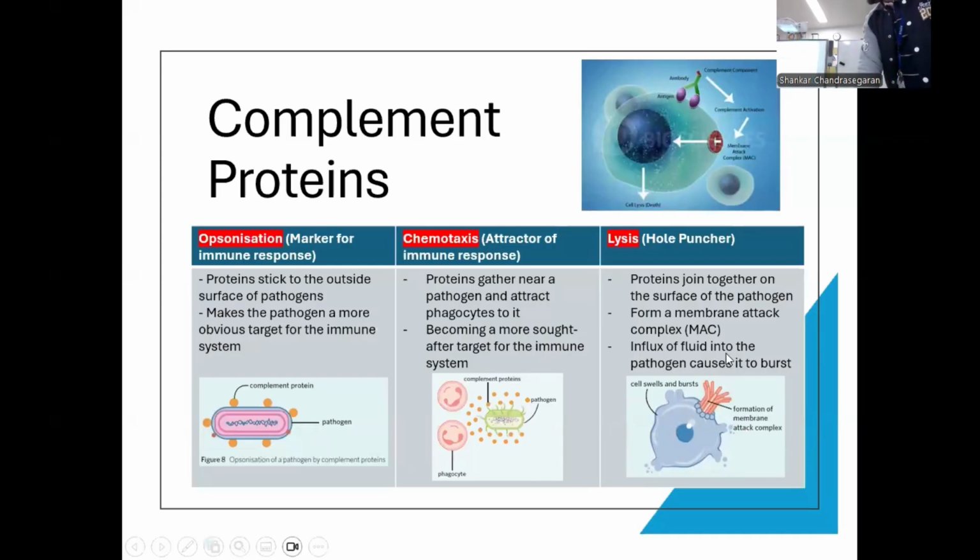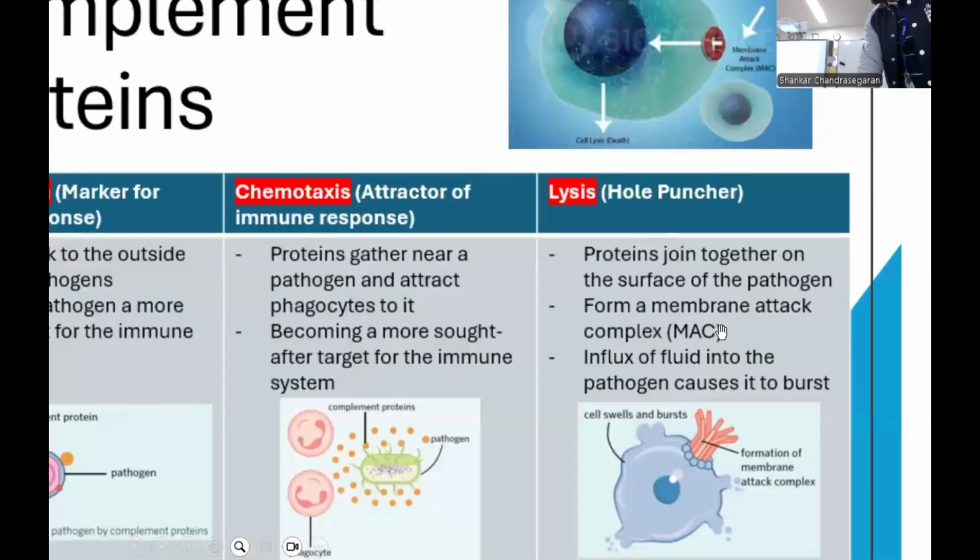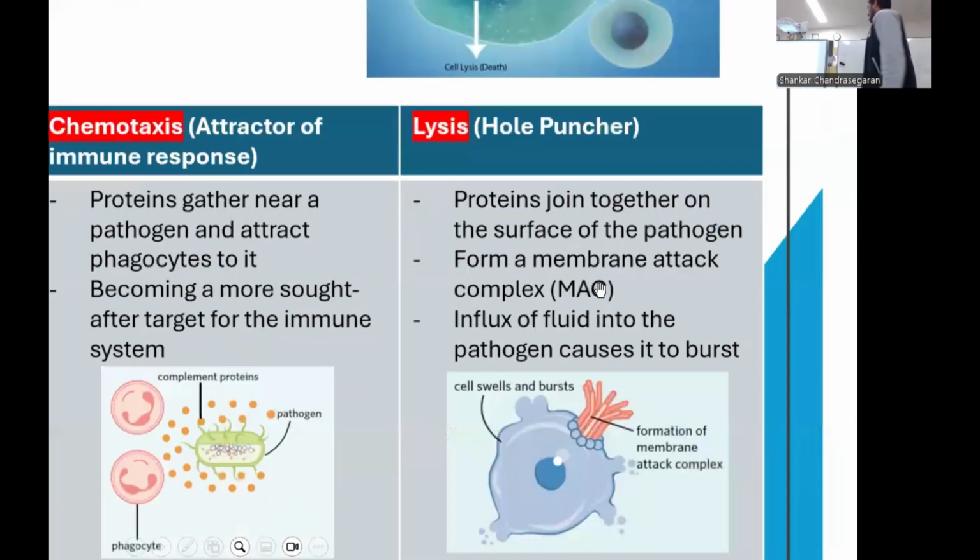And lastly is the fun one, lysis, which is where the complement proteins work together to become a hole puncher in the pathogen itself, right? What do I mean by a hole puncher? It literally punches a hole in the surface of the pathogen such that excessive fluids will go into the pathogen, causing it to explode.